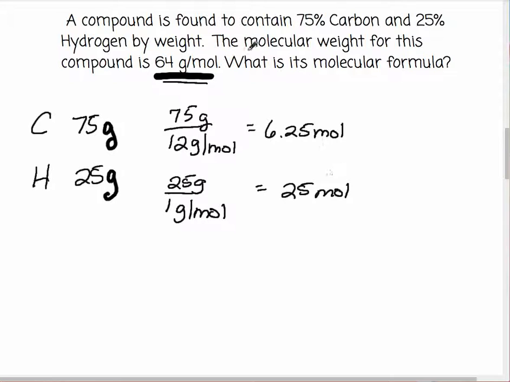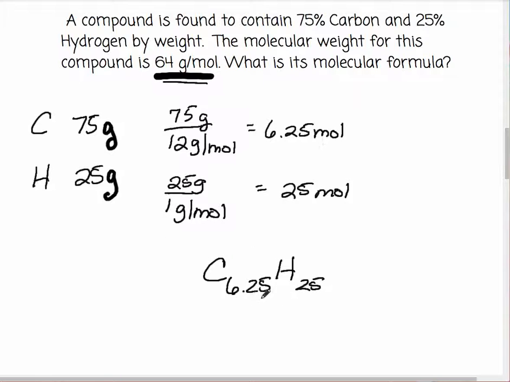Now the third step was to take these numbers, because this is my molar ratio. Remember, we got 6.25 as the subscript for carbon, and 25 for the subscript for hydrogen. Well, that doesn't work, because if we're looking for an empirical formula, they have to be in the lowest whole number ratio. This is not a whole number, and it's nowhere near the lowest it can be.